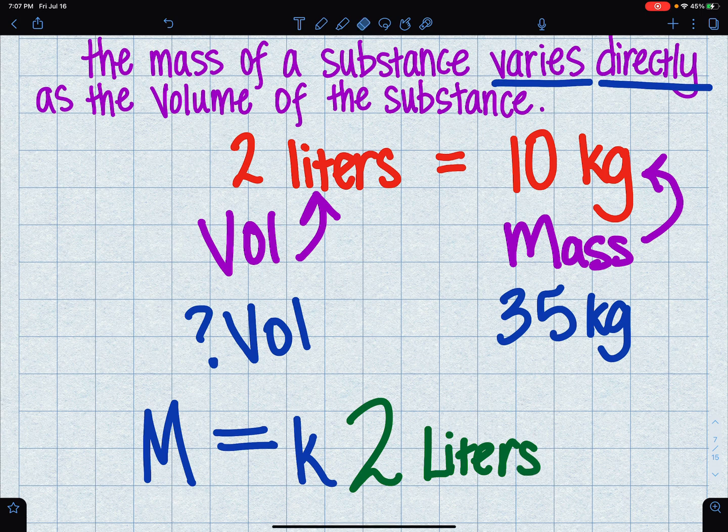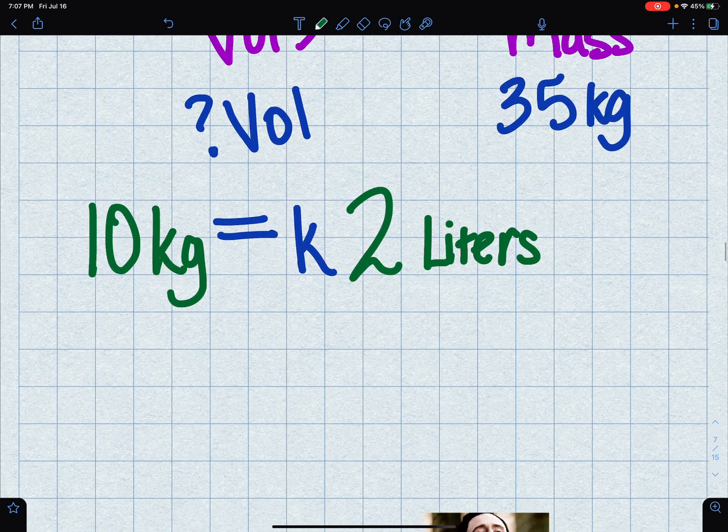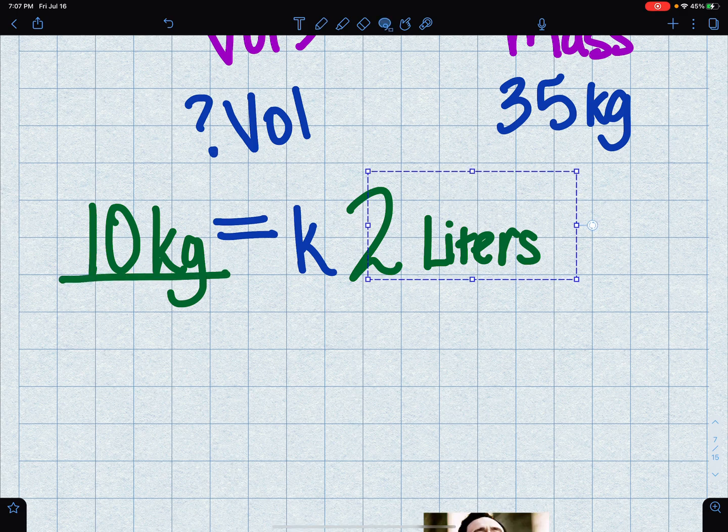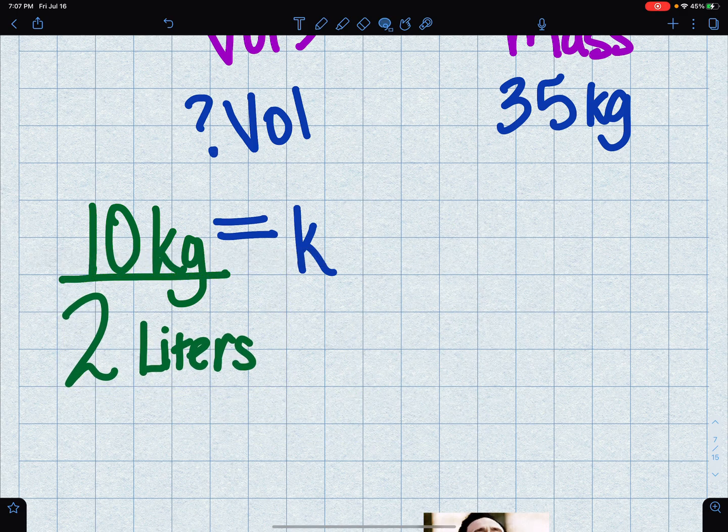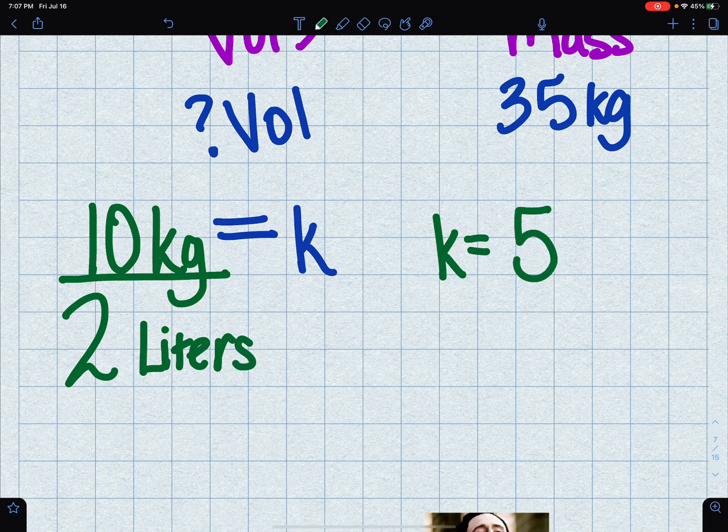Okay, and then for the mass, we're going to put in 10 kilograms. So the constant of proportionality is going to be 10 divided by 2 liters. So that constant actually has units. And the constant is equal to 10 divided by 2, 5 kilograms per liter.